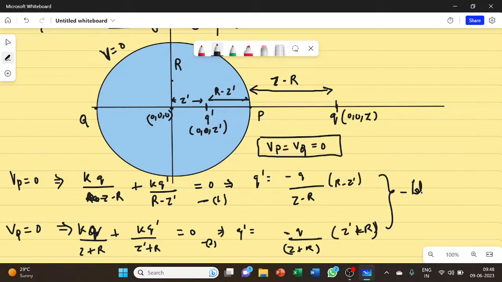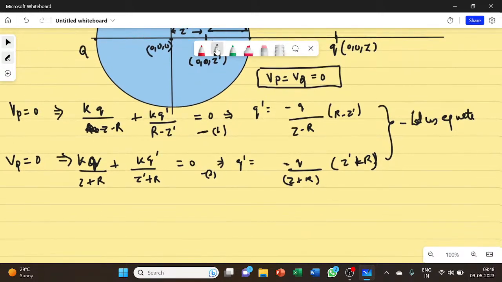If I equate these two things, I will get r minus z dash into z plus r is equal to z minus r into z dash plus r.